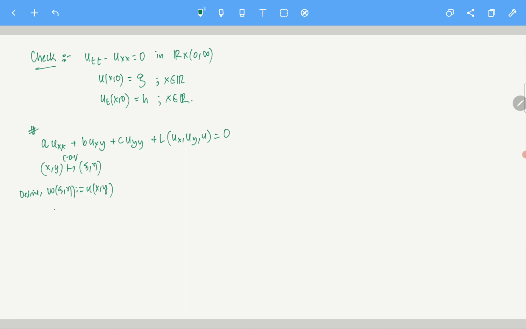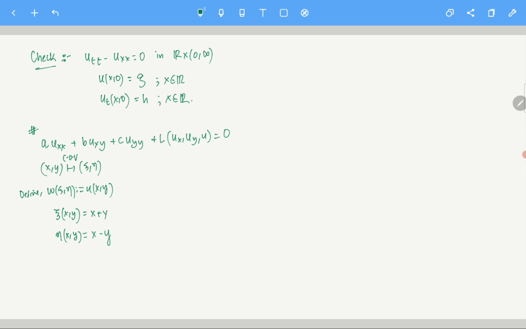And how is the change of variable given? Xi of (x, y) is given by x plus y, and eta of (x, y) is given by x minus y.